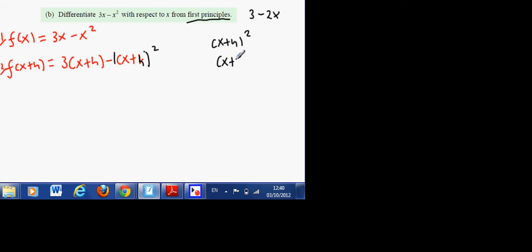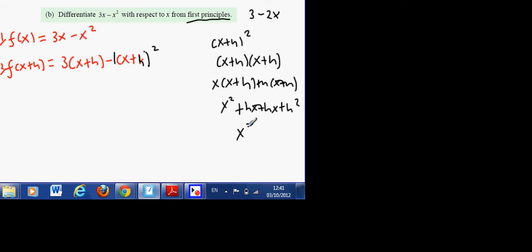It's x plus h by x plus h, and this will get you x and x plus h, x plus h plus h into x plus h, and what you get here is x squared plus hx plus hx plus h squared.